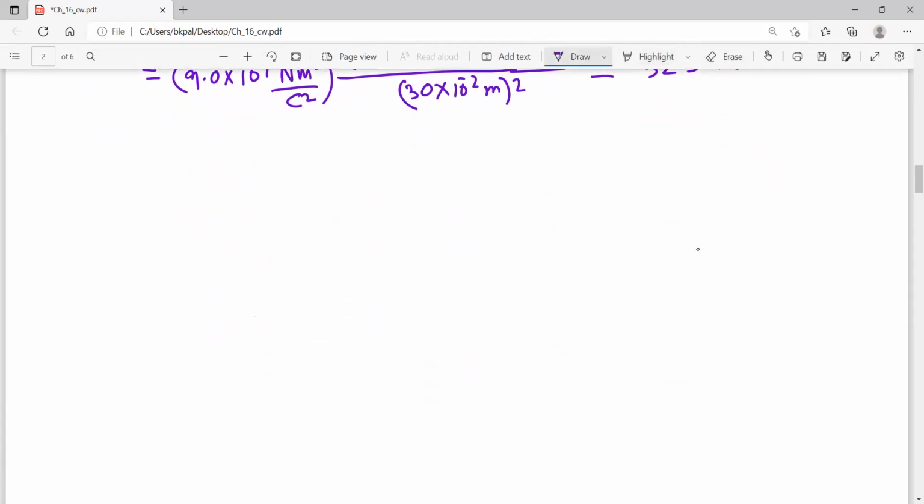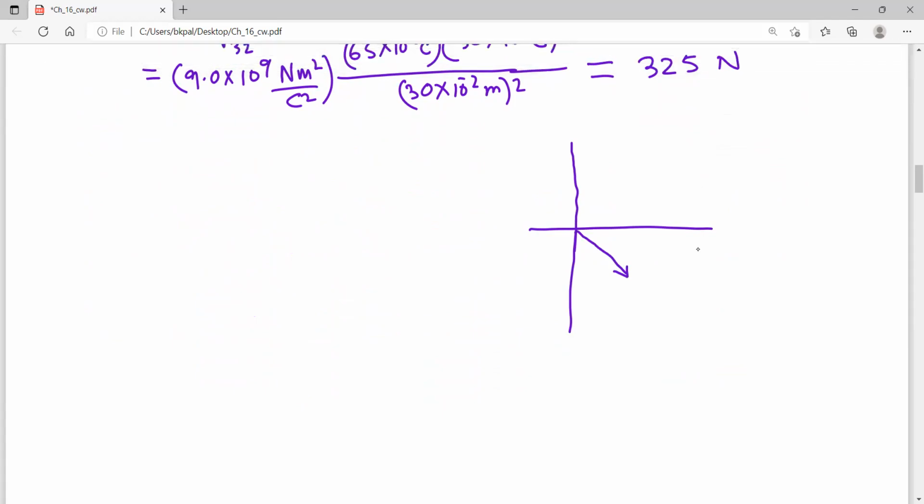So let's say we have this coordinate system. We see that F31 is this and F32 is this, right? This is X, this is Y. F32 is easy because it is along the y-axis.